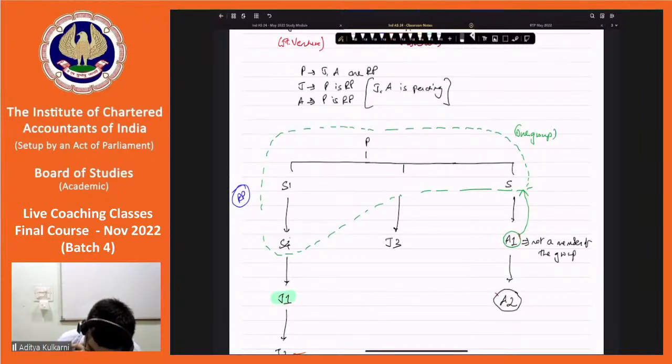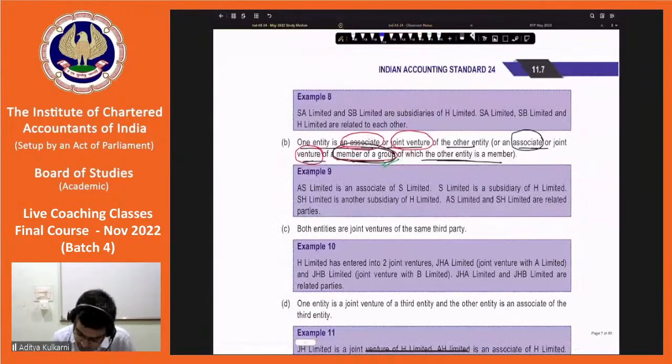This was S2, I think, right? And this was S3. So, if you are preparing the balance sheet and S2 is the reporting entity, J3 or I can say A1. Now look at the words. J1 is a joint venture of a member of the group.